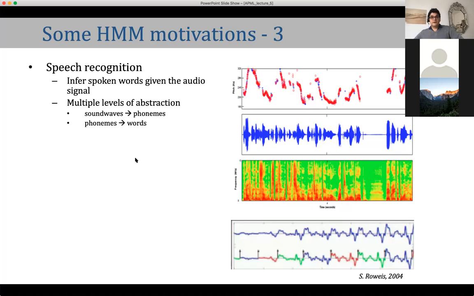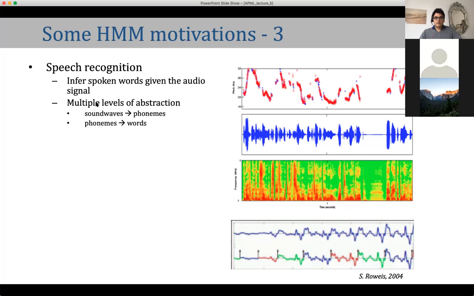Another motivation, which was in fact the first application of hidden Markov models, I can put the historical paper on the Moodle. This was for speech recognition, and this was used for a long time for that. The goal is that you have an audio signal, so you have wavelengths that are encoded. You see frequency.